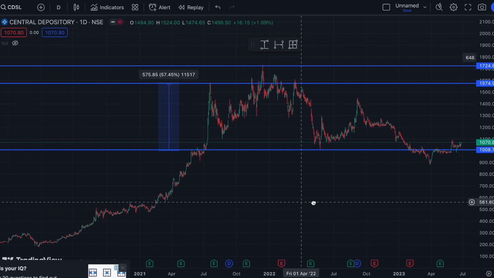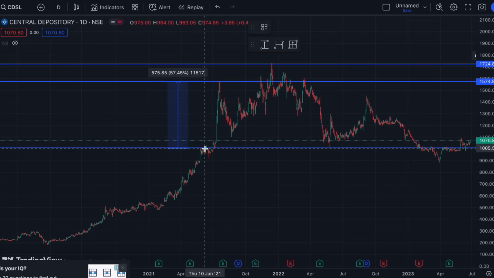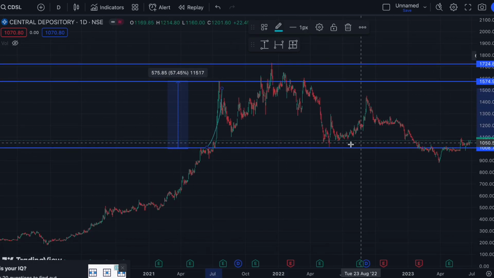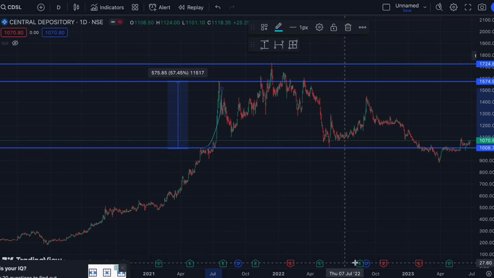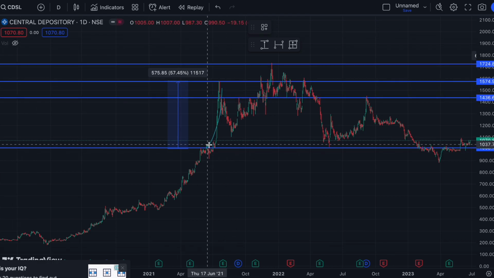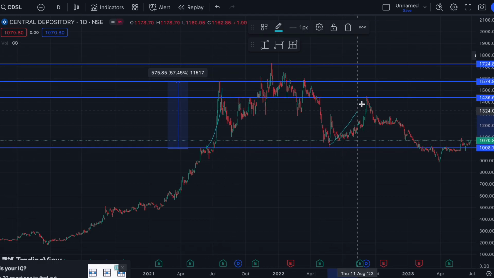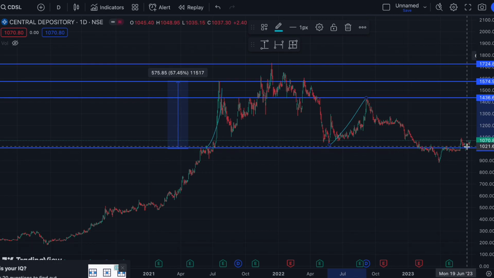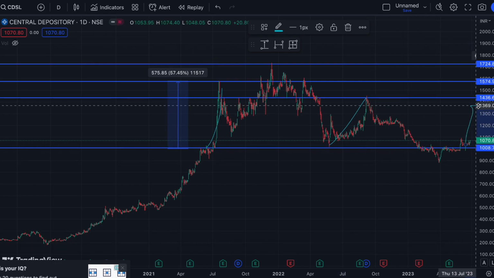And one more thing, it is also forming a pattern here. The first time it went up, the second time it started going up again, and the third time it is now going up. Please understand this process, it will be going up very soon.